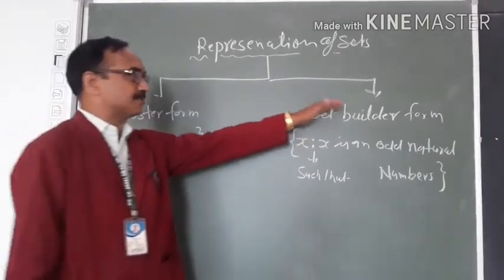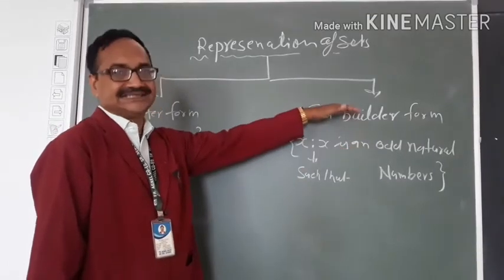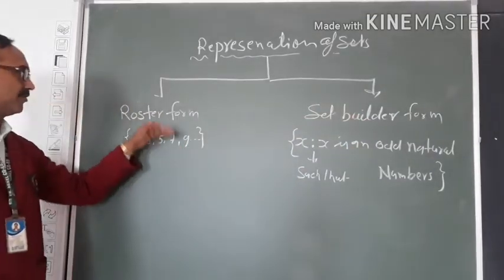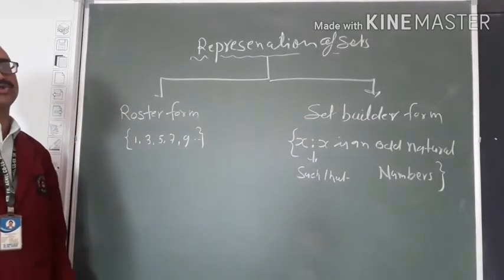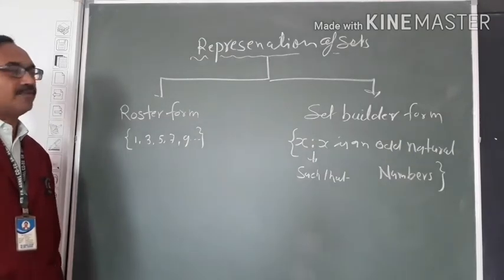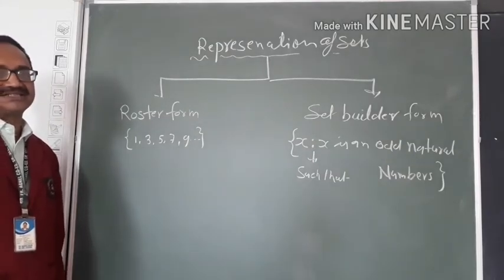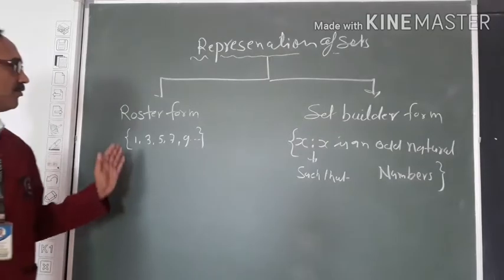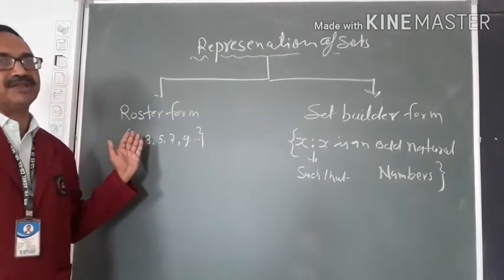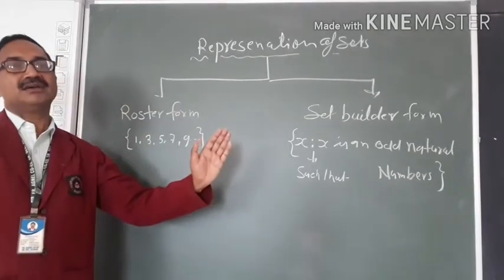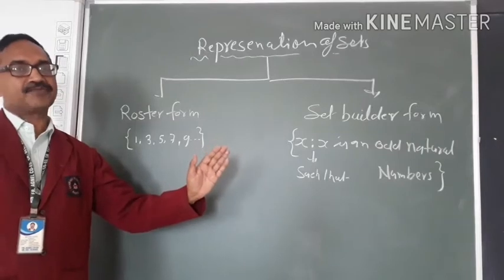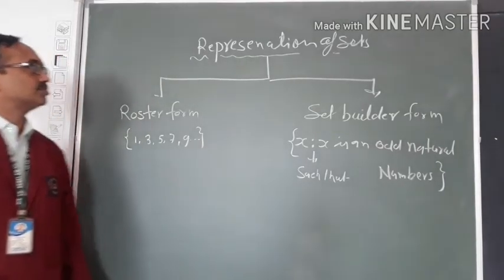This way of representation is called set builder form and the other way is called roster form. So these are the forms of a set. In the first exercise we learn how to change sets from one form to the other form. So jot it down.